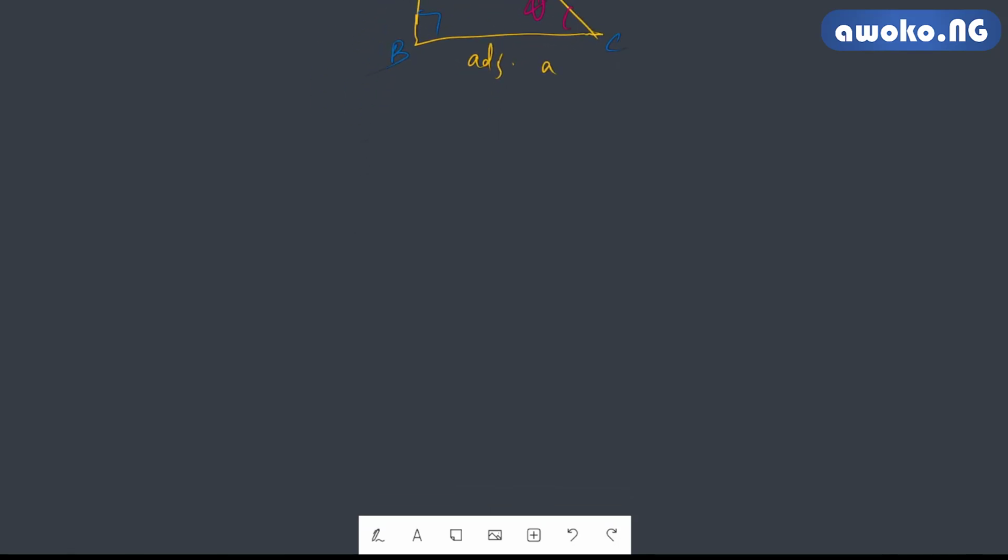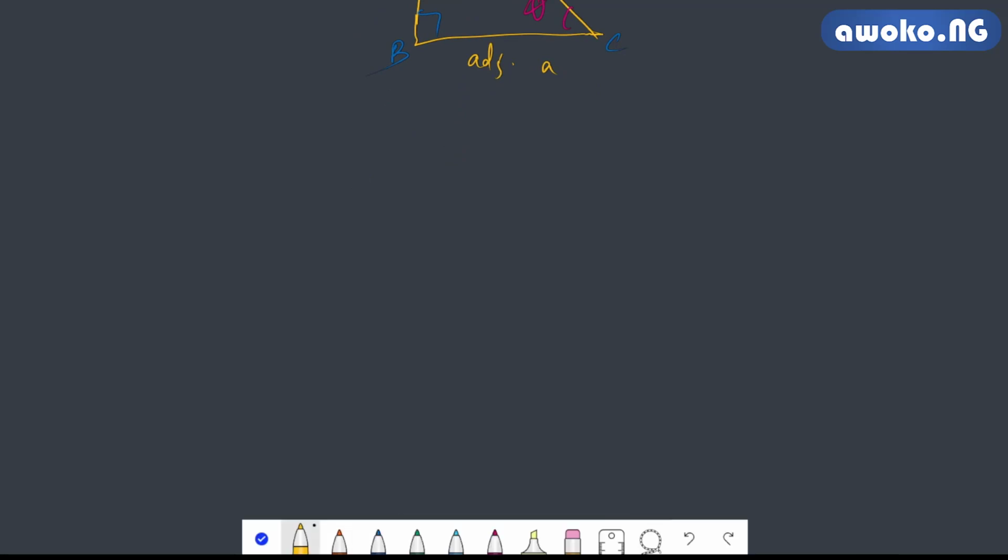Let's say three squares were combined to form the right angle triangle, just like this. Let's say we have this square, and we have another square like this, a bigger square, and another square like this. You will agree with me that these three squares formed a right angle triangle, which is this.